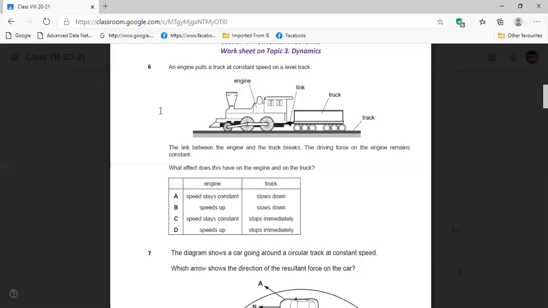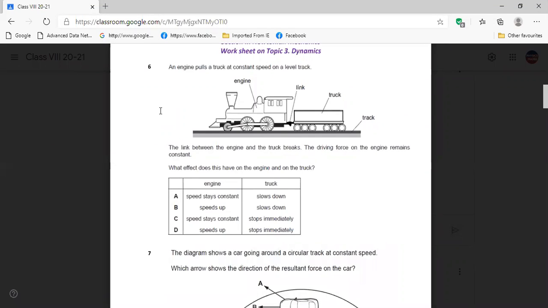But it says the driving force remains constant. So I got confused. The driving force is constant, but the weight, which was with the engine and truck together, was more before. Weight is working here for balancing the force, isn't it?